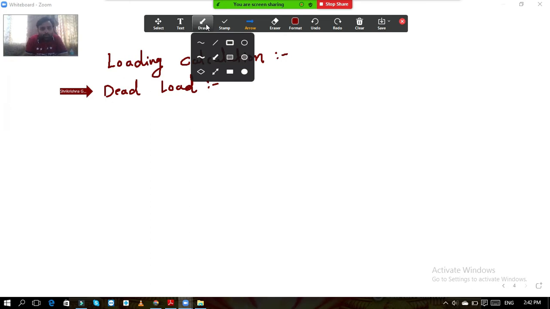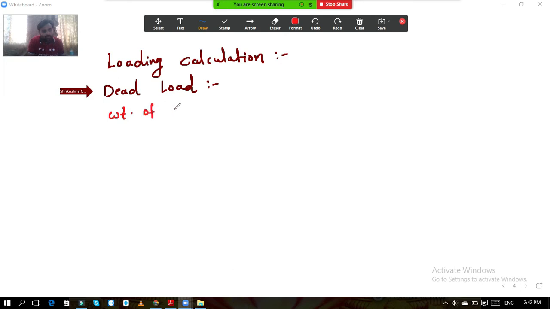So now how to calculate the dead load? Dead load on the slab. So weight of slab. First thing is weight of slab. So now what is the weight of slab? That is overall depth D. So what is our overall depth? It is 180. So it is 0.18.